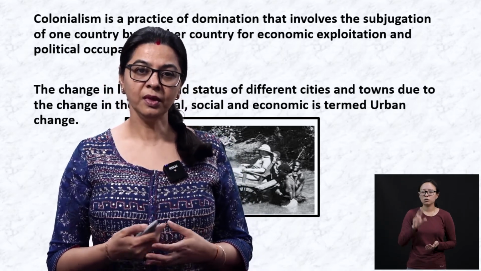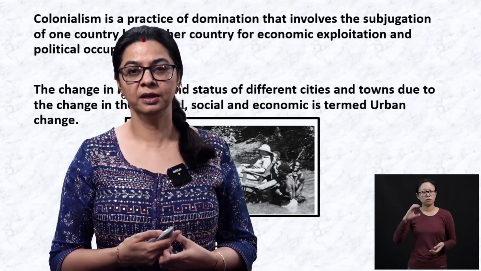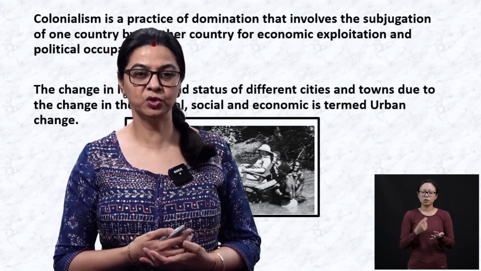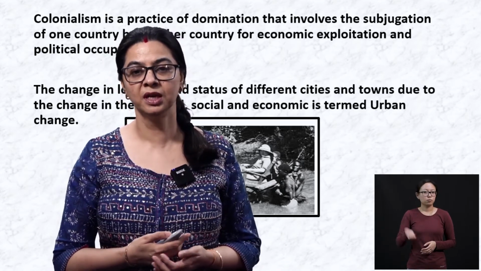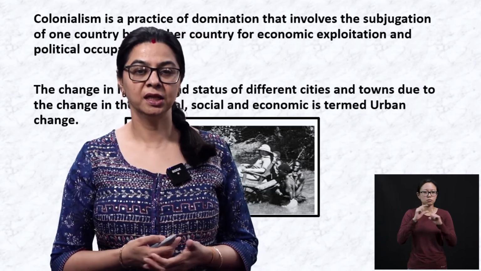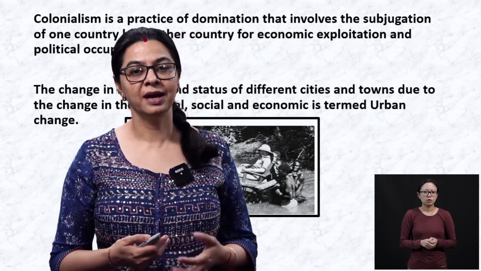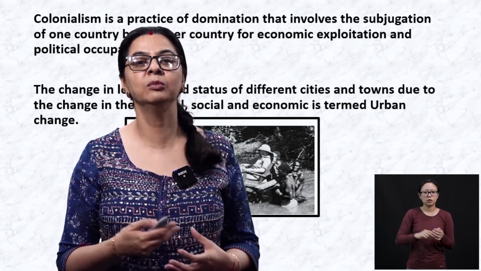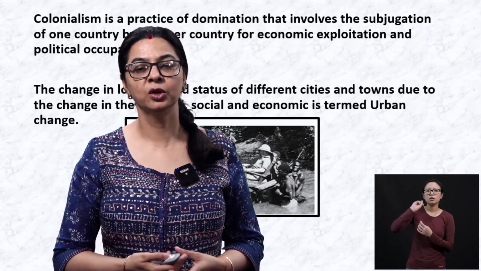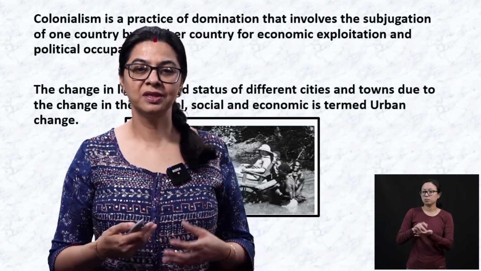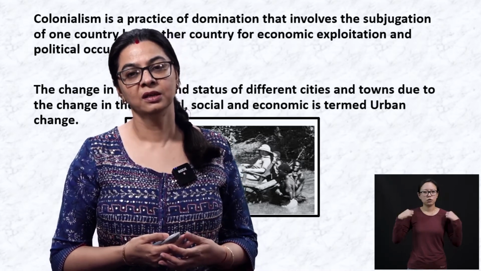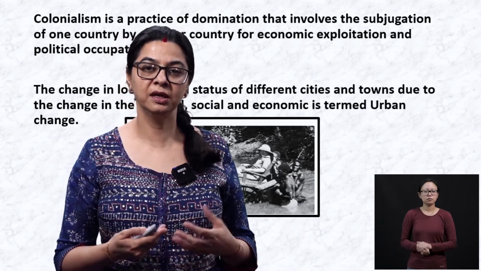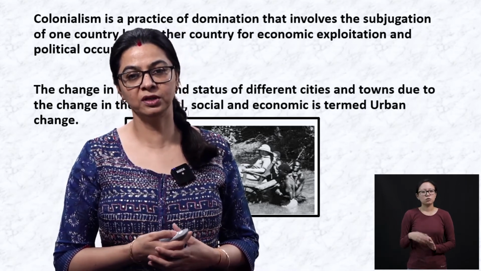In our country, what they started doing was economic exploitation. If you remember in the previous lessons, we learned that cotton as a raw material was sent to the British factories, and then it came back as ready-made clothes that you could buy. Things like that started affecting the Indian market, and we termed it the economic exploitation of our country.